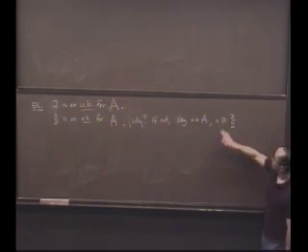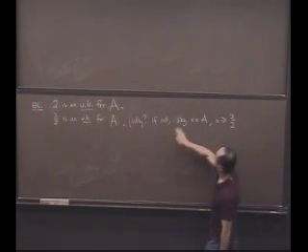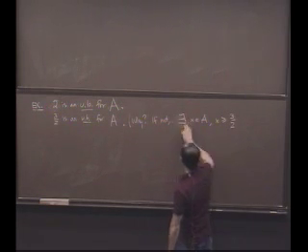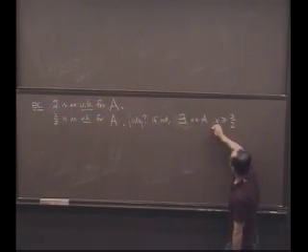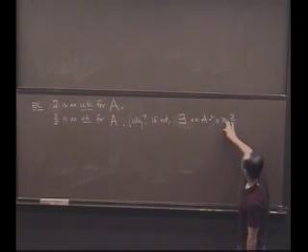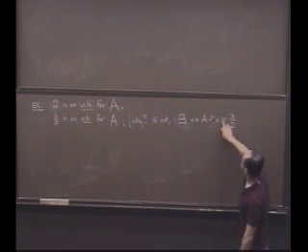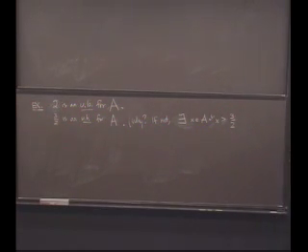So if it's not an upper bound, then there is an x in A such that x is bigger than 3/2.